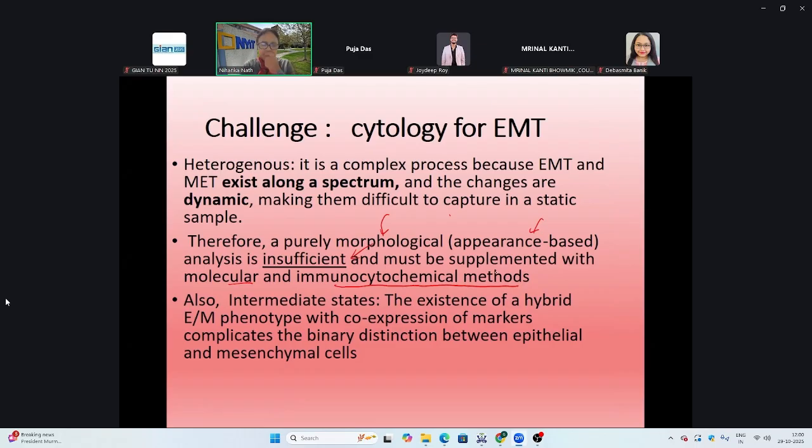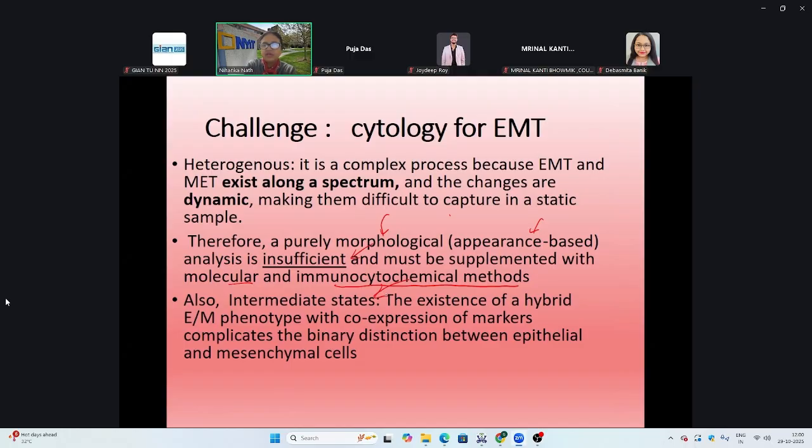And therefore, today we had to talk about proteins, because if you're going to do immunocytology, then you have to target a protein. You know that cytokeratin and vimentin have some meaning. Cytokeratin is for epithelial, vimentin is for mesenchymal. Then there are intermediate states, like both of them.